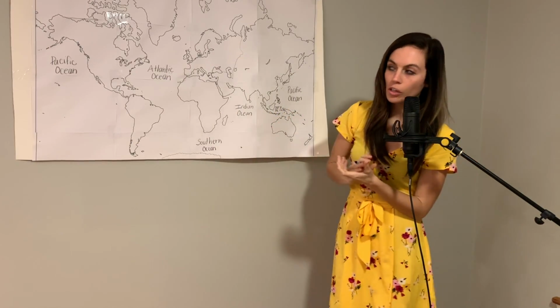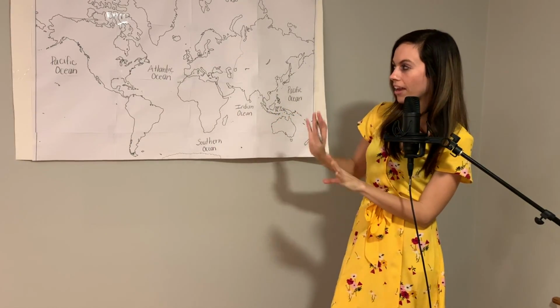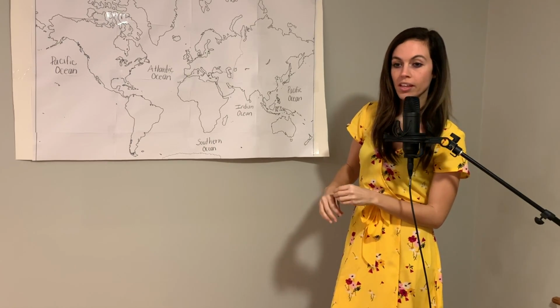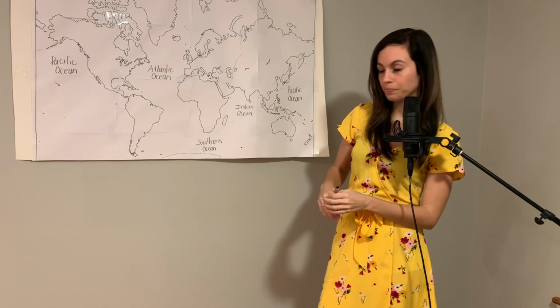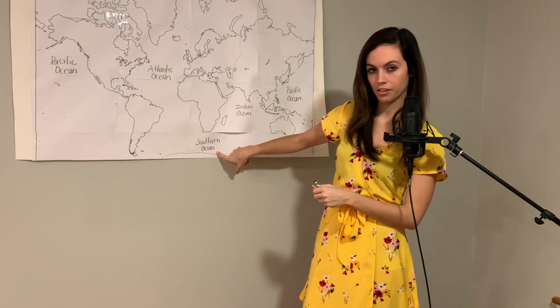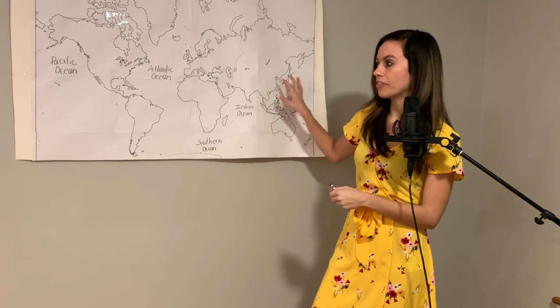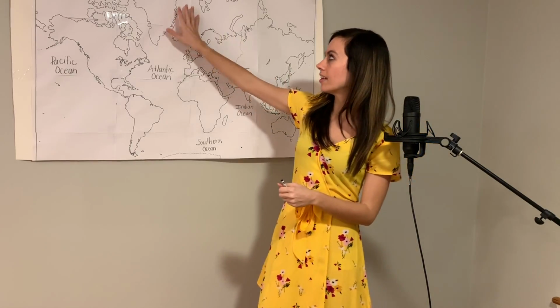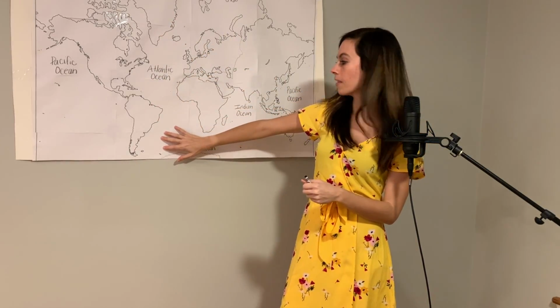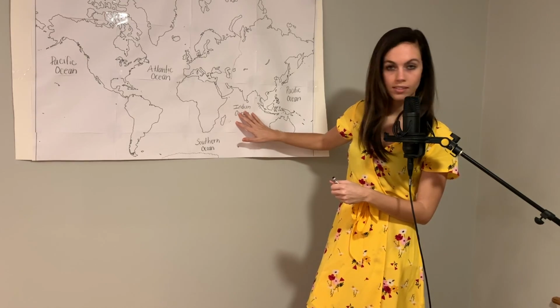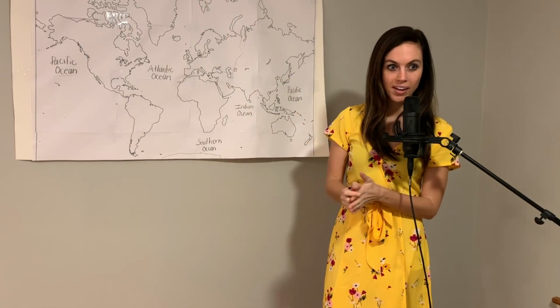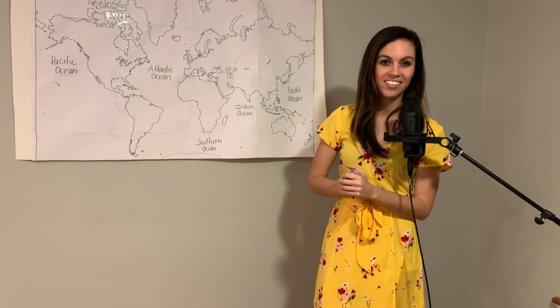Okay, so now that we know our 5 oceans, I'm just going to review them for you, and then we will identify the continents. So this is our Southern Ocean, Pacific, this area, and this area, Atlantic Ocean, Indian Ocean, and Arctic Ocean.